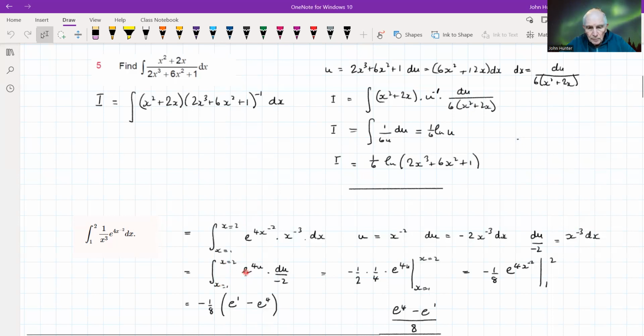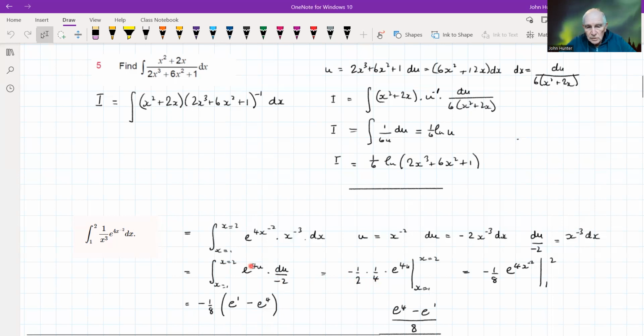We've got e to the power of 4u, because this is u here, times this expression, as we've seen from over on the right, which is du divided by minus 2. So it's minus a half.